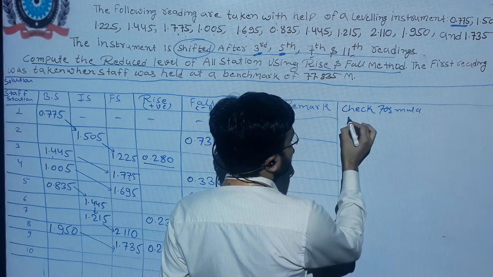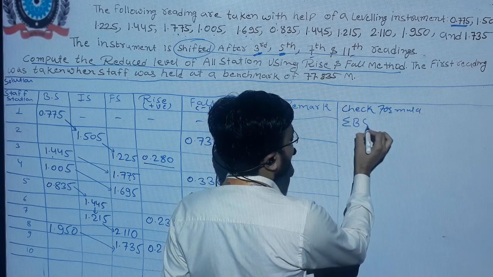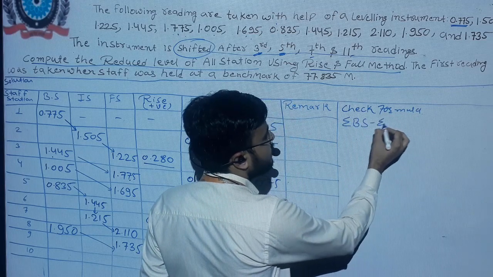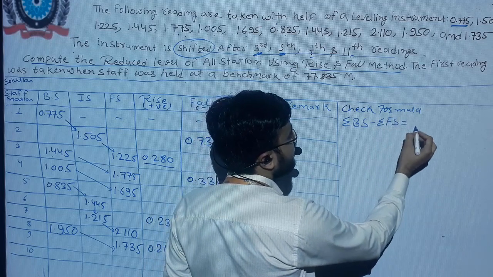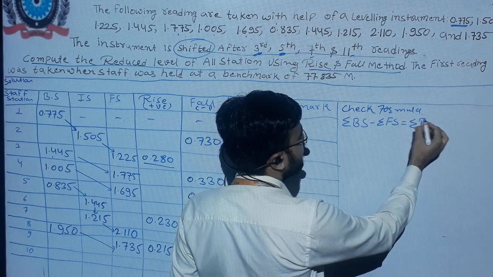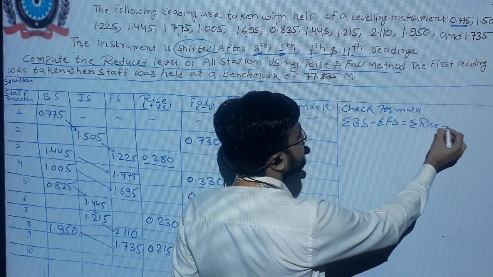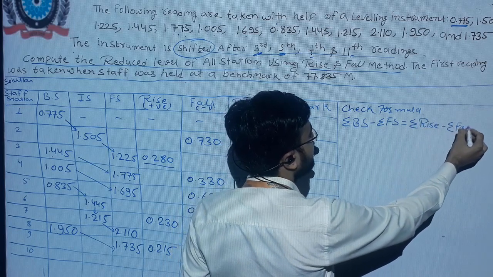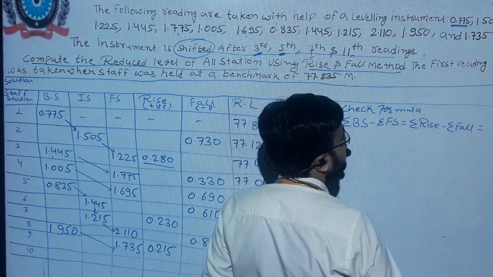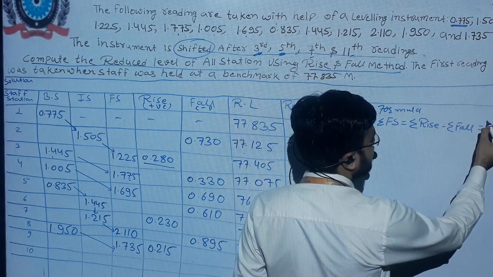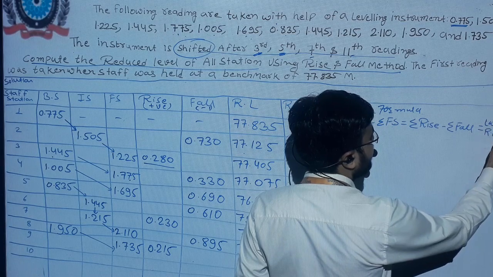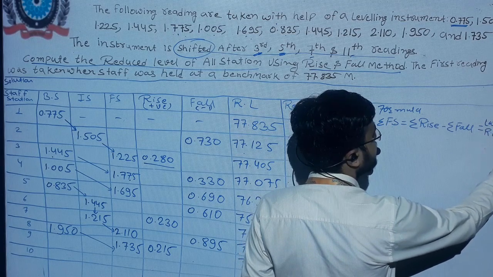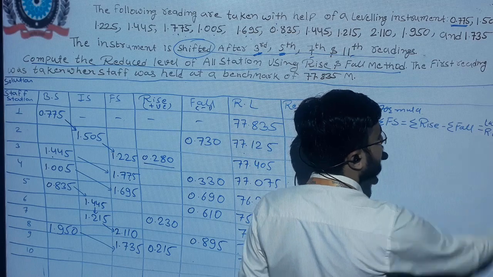The check formula is summation of the backsight minus foresight, equals summation of rise minus fall, equals the last RL minus first RL.